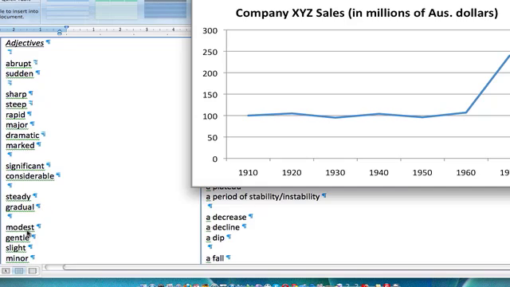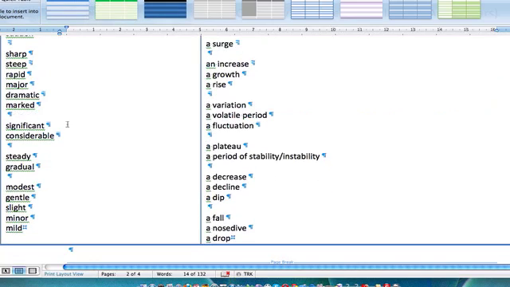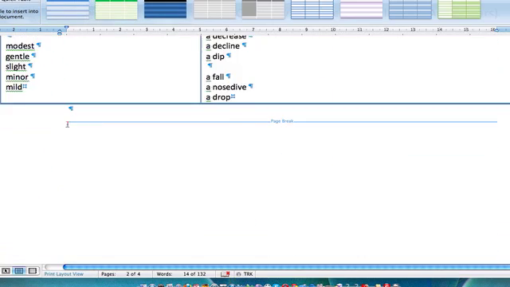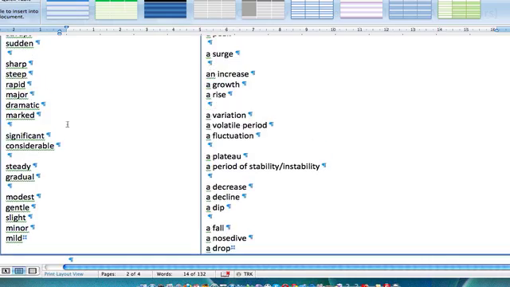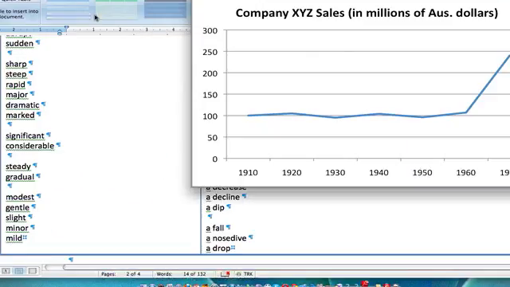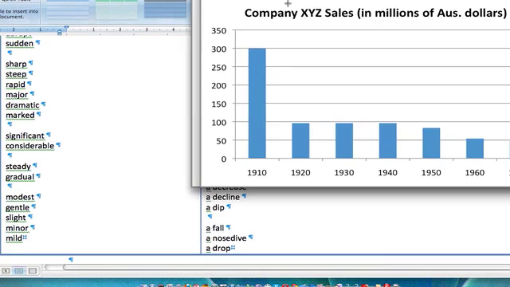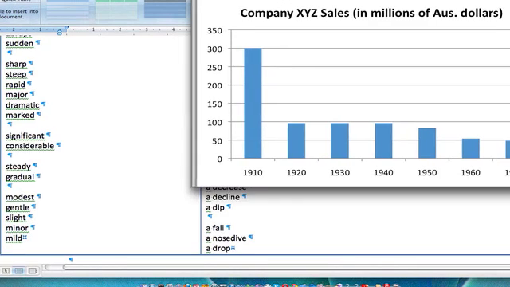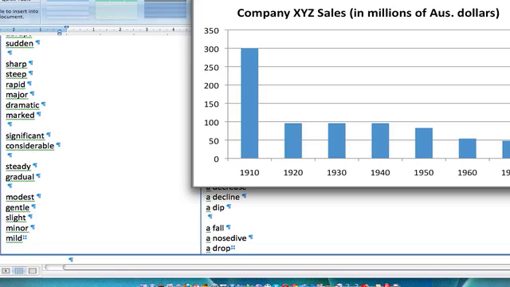Modest, gentle, slight, minor, and mild would be to describe something that is perhaps not a very large change. So here in my bar graph, we see a modest change between 1940 and 1950.